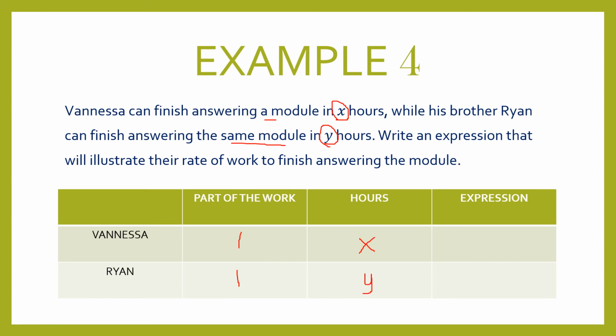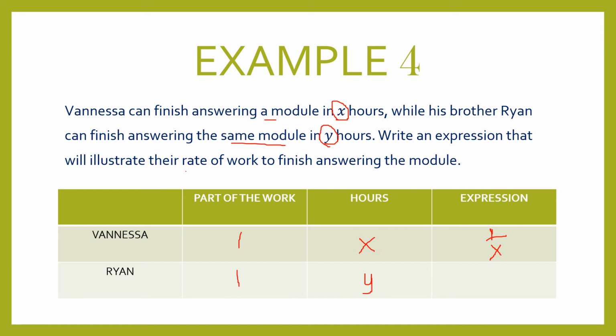Writing an expression, part of the work divided by or over hours, yun po yung rate ng kanilang work to finish answering the module. So, we need to get the ratio of part of the work and hours. Writing this one, we have 1 over x. So, that is the rate of their work. From the word rate, that is ratio.